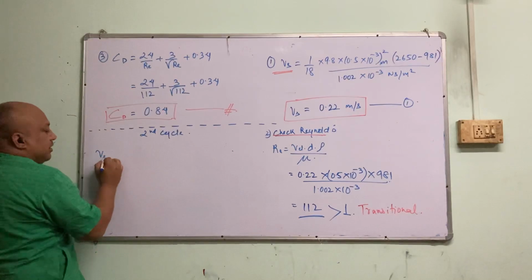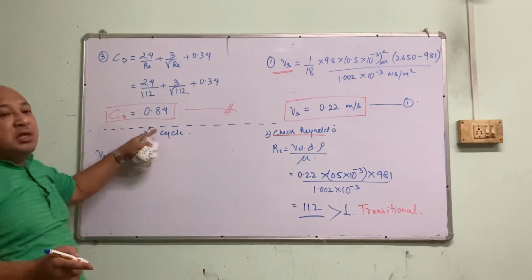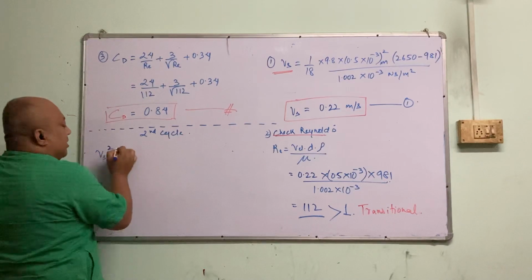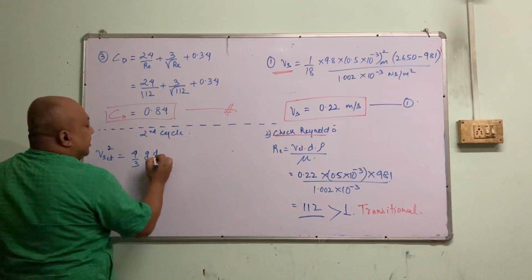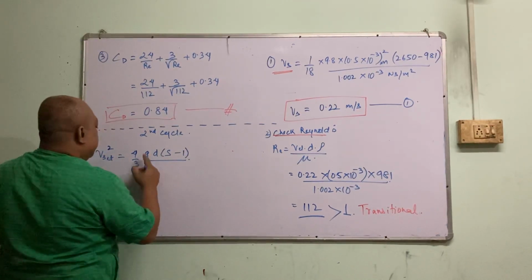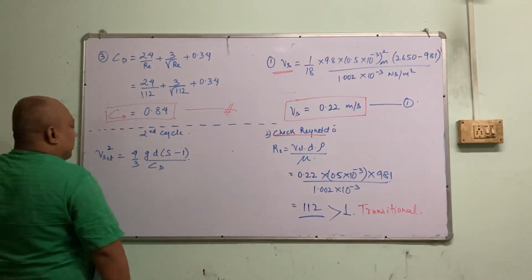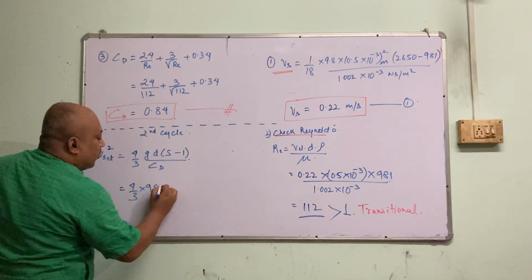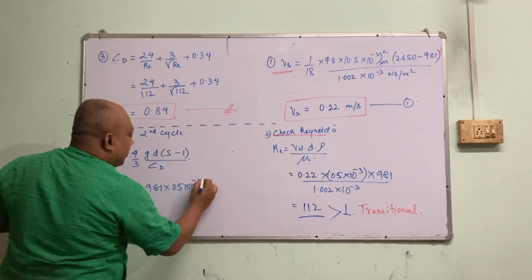Settling velocity we have to find not by using the Stokes law, since it is transitional, but by using the terminal velocity formula. Settling velocity squared is equal to 4 by 3 g d (S minus 1) divided by CD. So here it is 4 by 3 into 9.81 into 0.5 into 10 to the power minus 3.